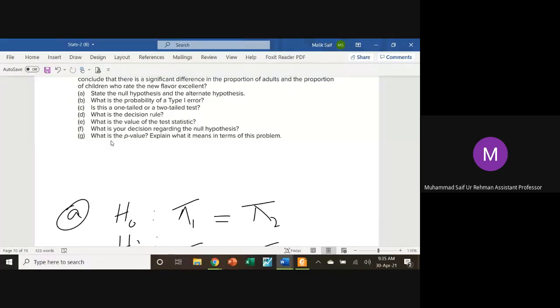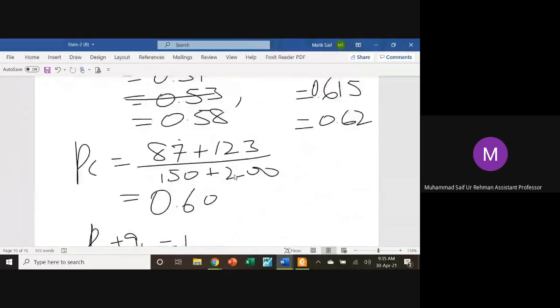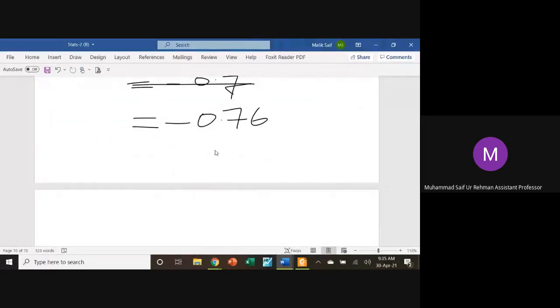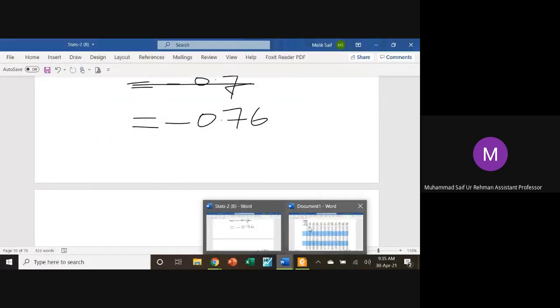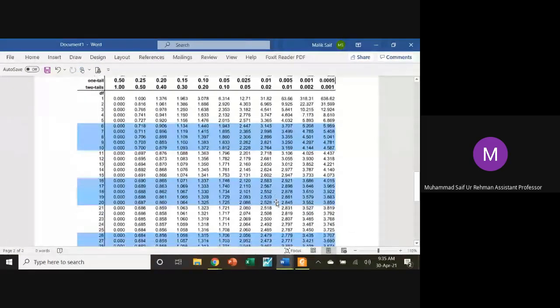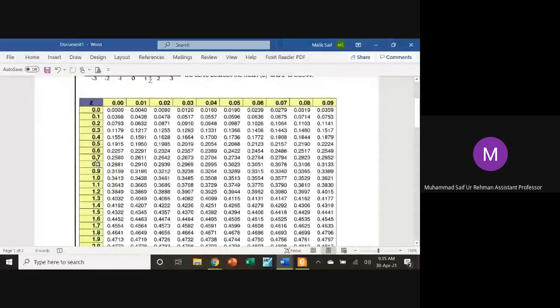What is the p-value? For the p-value, you have to consider the calculated value, that is 0.76, and locate this value here. So 0.7 and 0.06 is here.